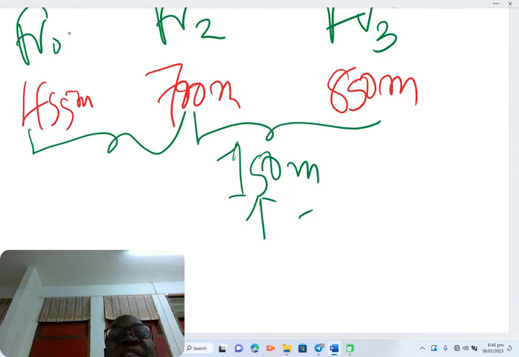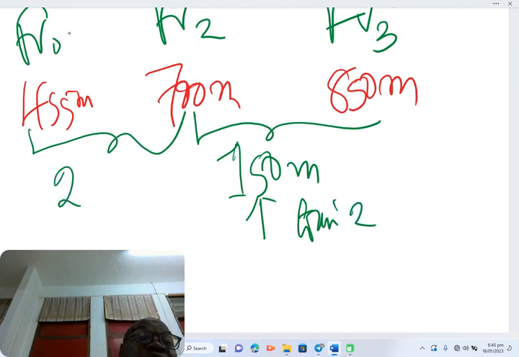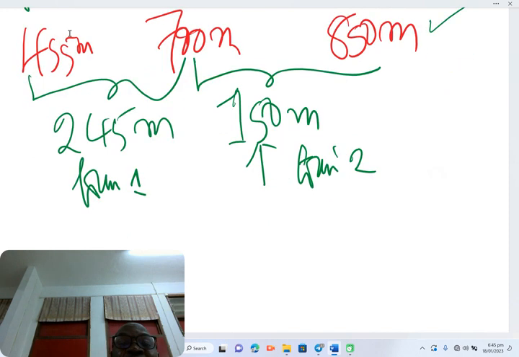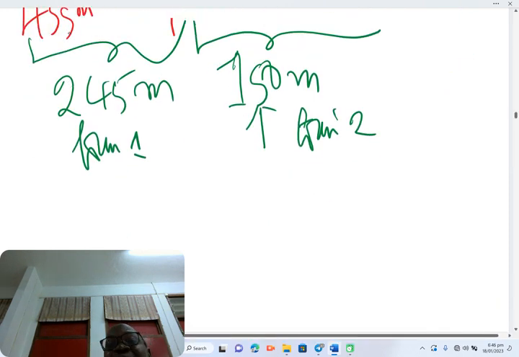Yes, how about the difference there? Yes? 245 million. This is gain 1. So these two gain, actually the position is easy because you report them at these values, isn't it? So extract balance sheet is easy.